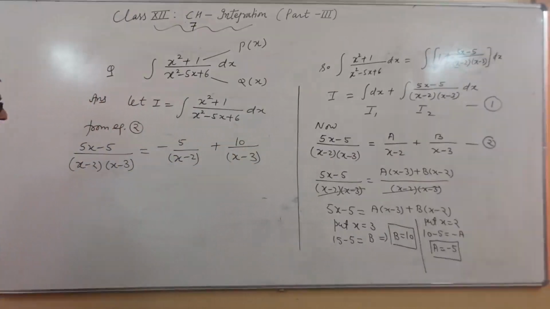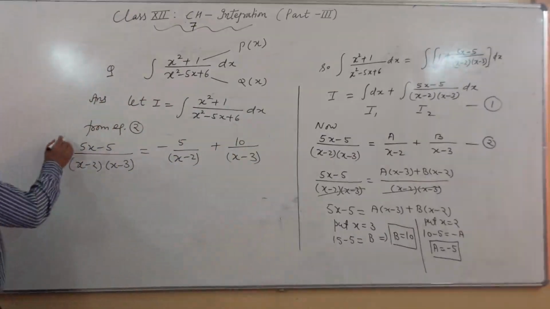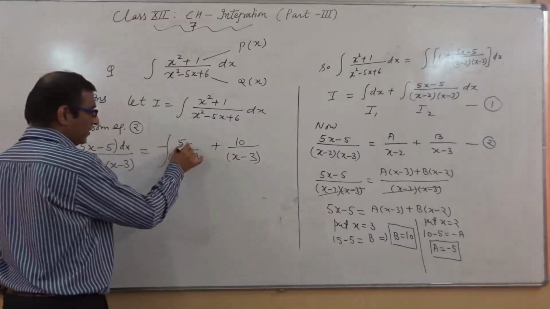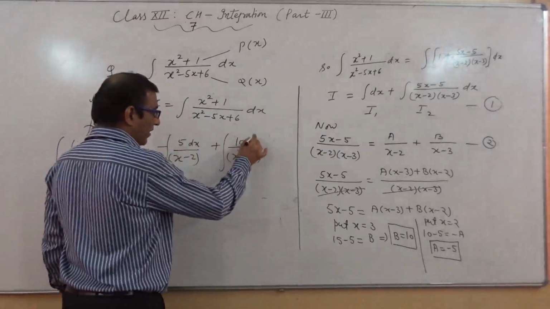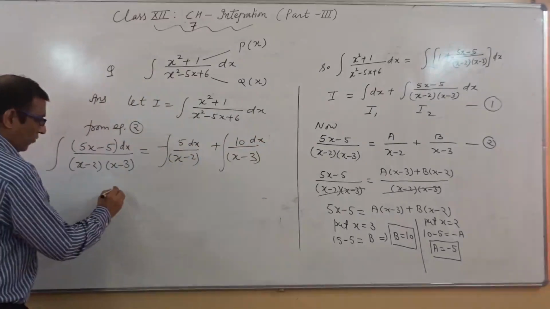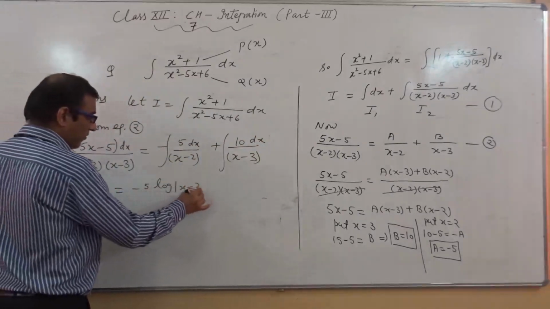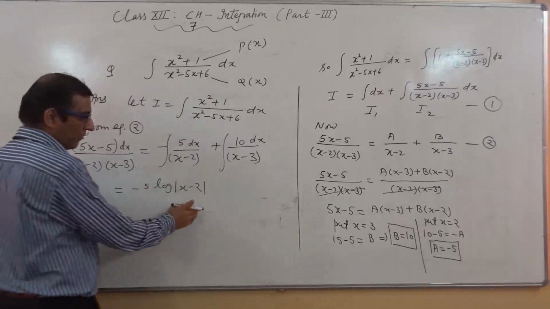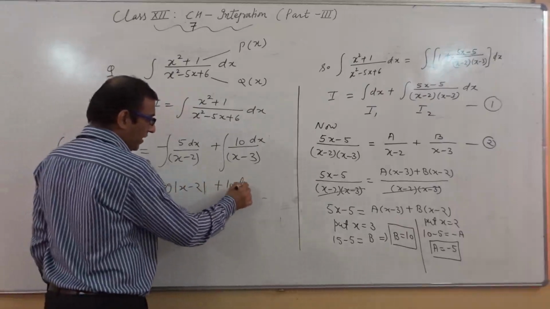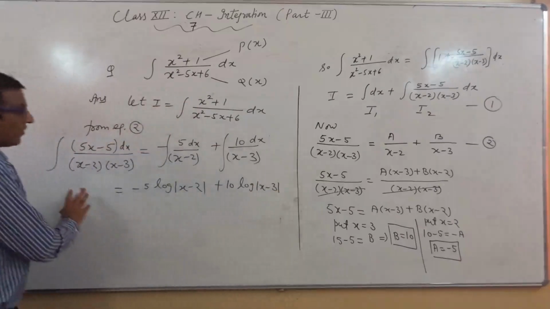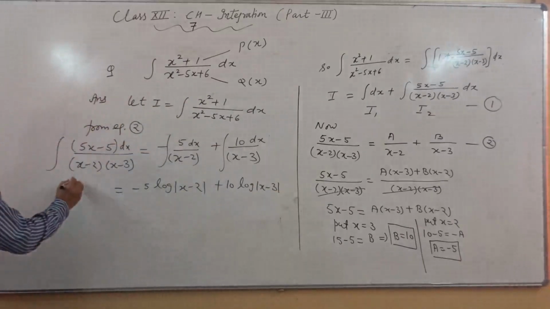Right. Now we will go ahead with the integration, so we will write the integration sign on both sides. When we do the integration, it becomes −5 log(x − 2) + 10 log(x − 3). It means this is the value of I2.